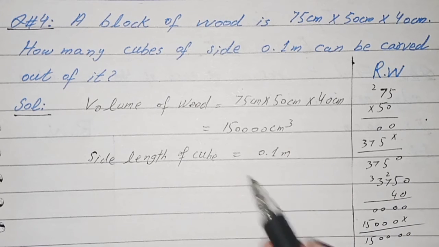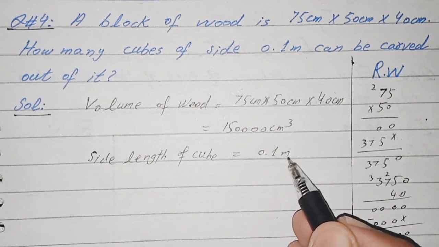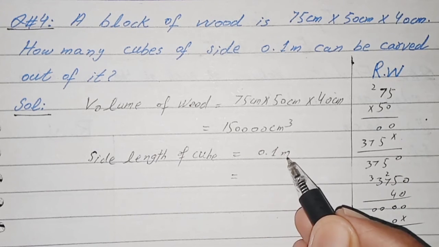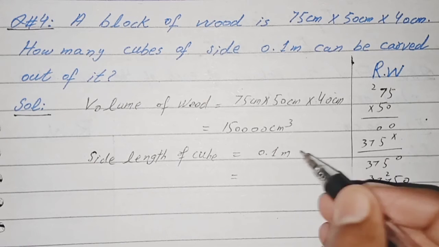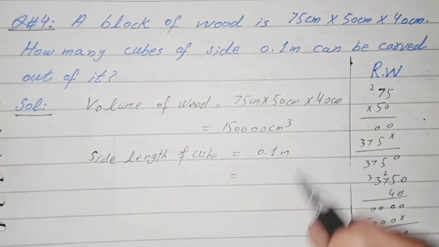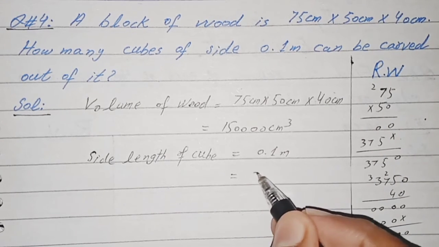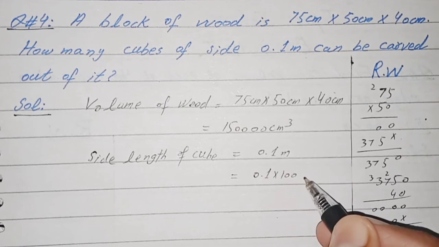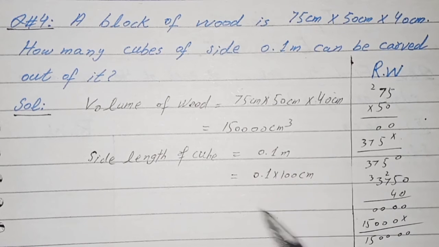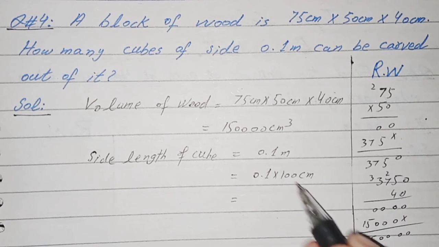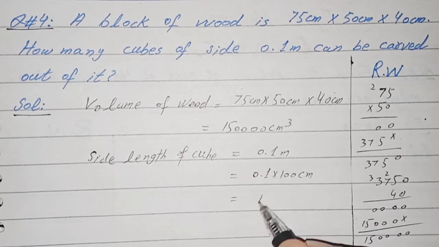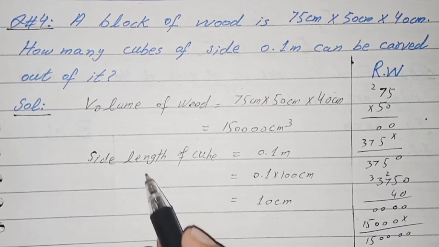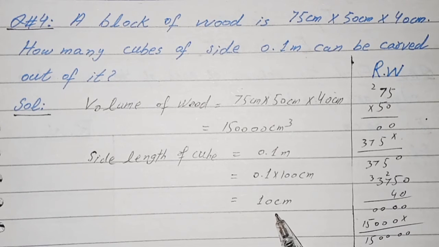To make it same, we will change into centimeter. 0.1 meter, and we know 1 meter is equal to 100 centimeter. So we will multiply it by 100. It will be changed into centimeter. 100 multiply 0.1 is equal to 10 centimeter. So side length of cube is 10 centimeter.